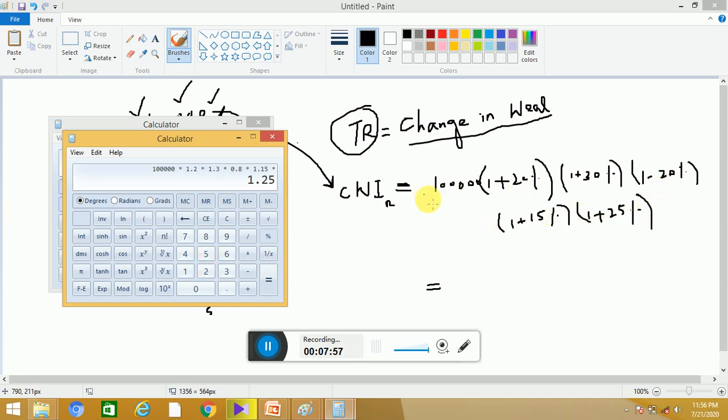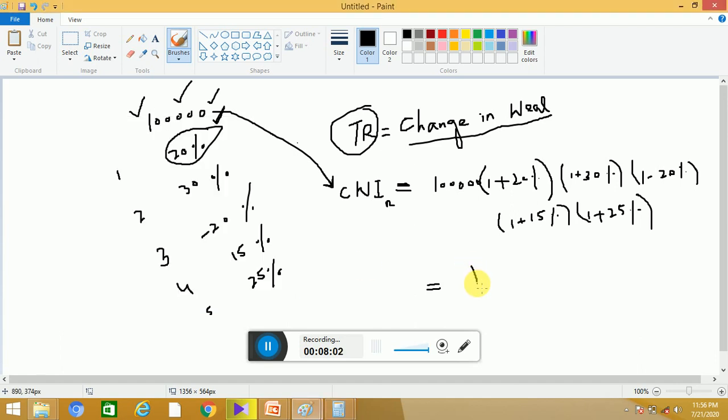See, I am multiplying all these values with 1 lakh. So we are getting 1,79,400.